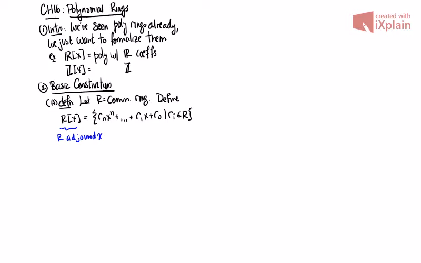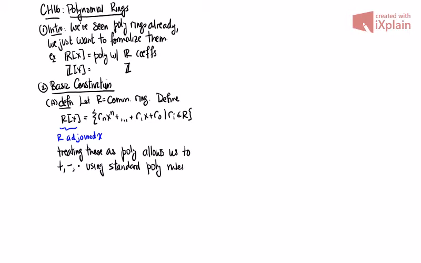So treating these as polynomials allows us to add, subtract, and multiply using standard polynomial rules, except keeping in mind that the coefficients are in R. And that can be relevant, right?